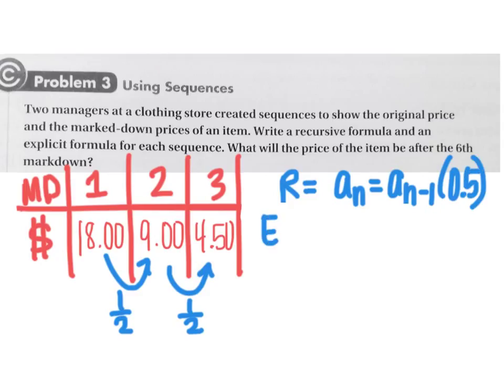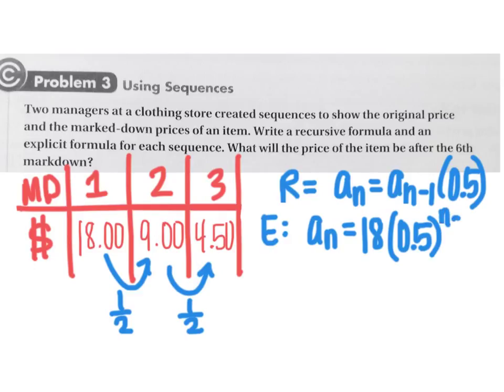The explicit formula is going to be A sub N equals A sub 1, what's the first term, 18, times R, the common ratio, to the N minus 1 power. So those are my two formulas.